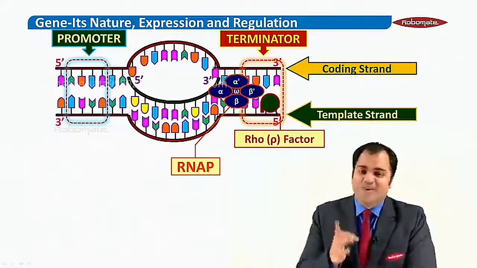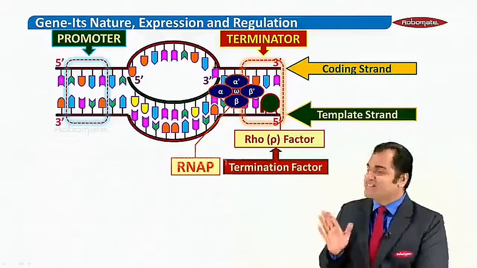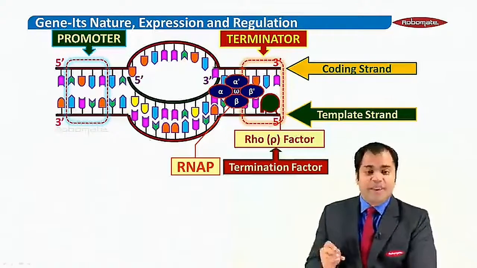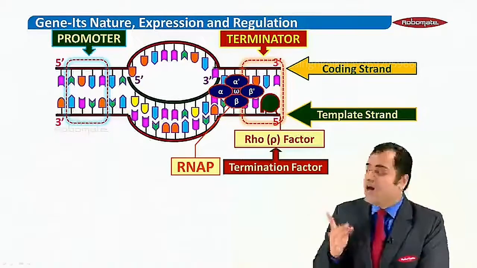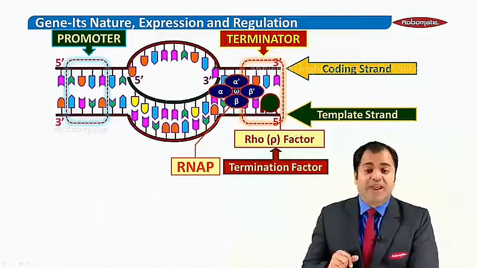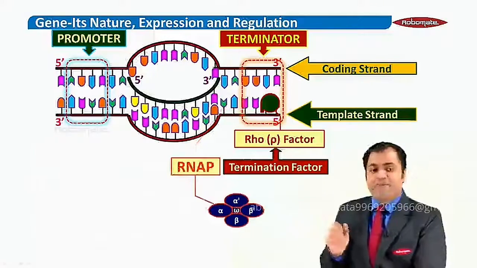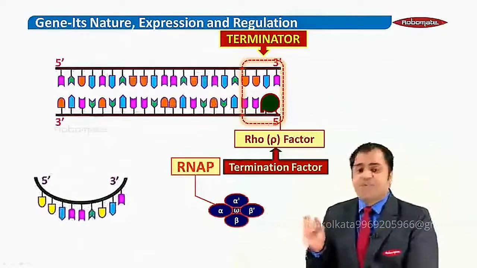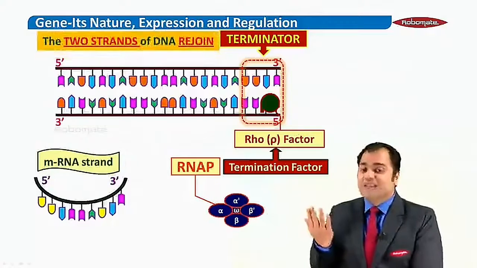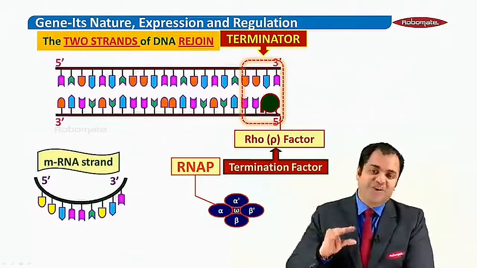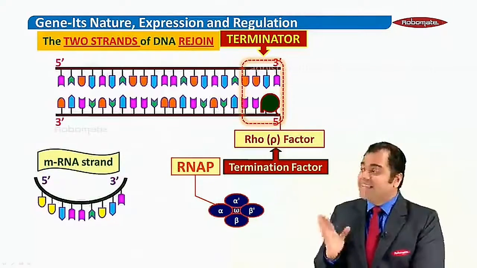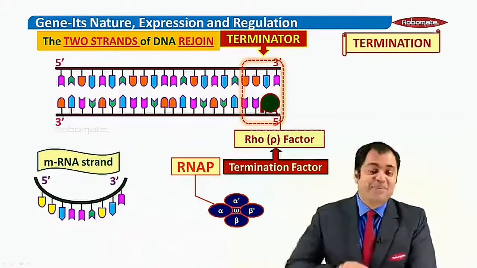That is why the Rho factor is also called the termination factor. Now what happens when the RNAP encounters the Rho factor? Look, this is what will happen. The RNAP will fall off, the mRNA will fall off, and the two strands of DNA will rejoin. And this step is called termination.